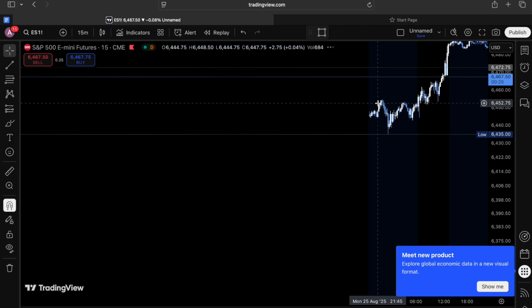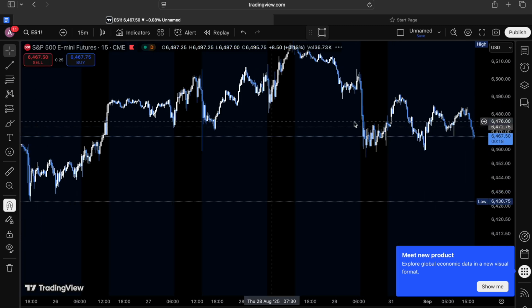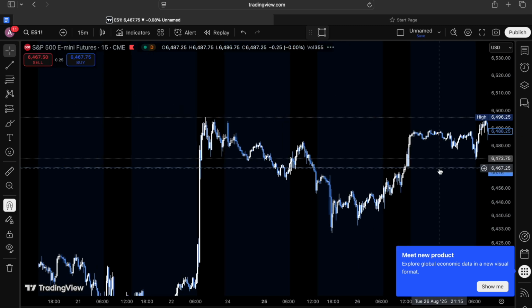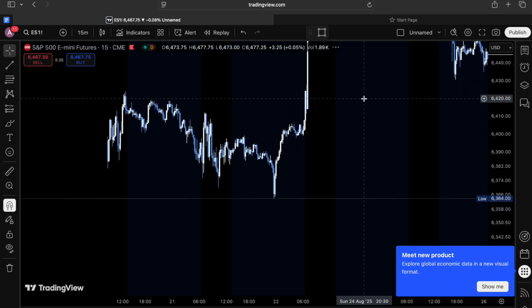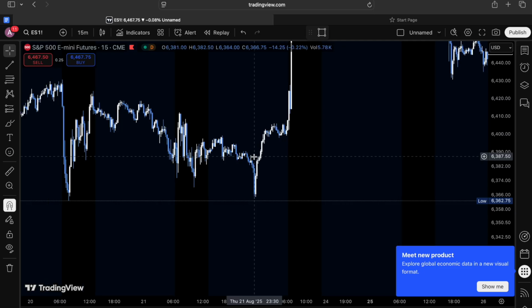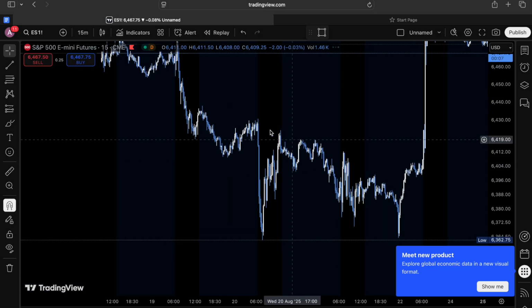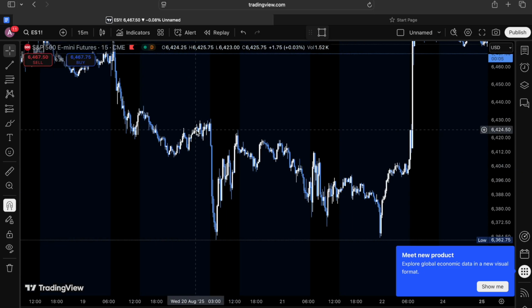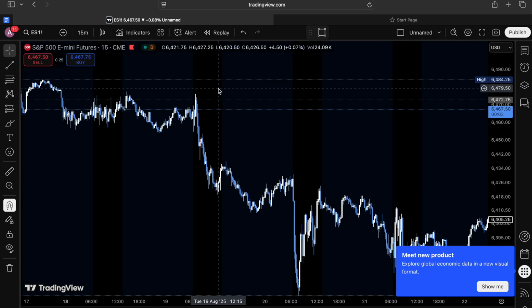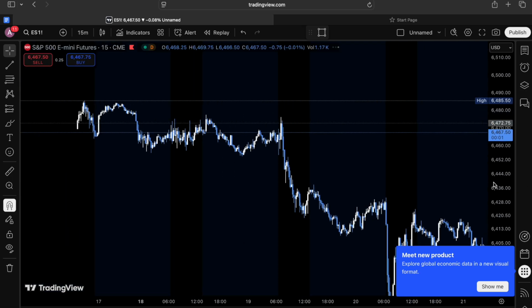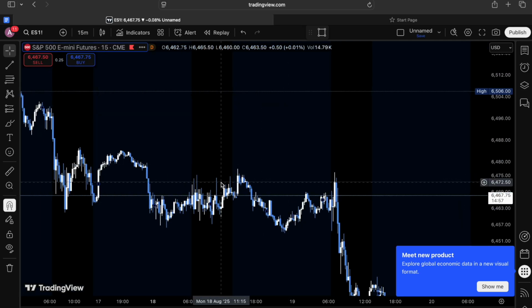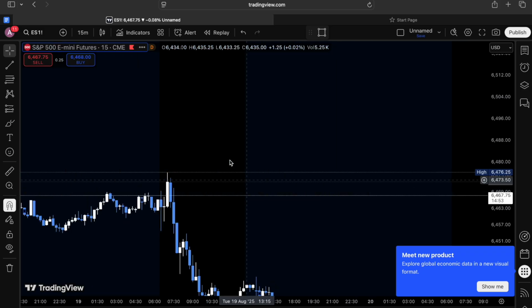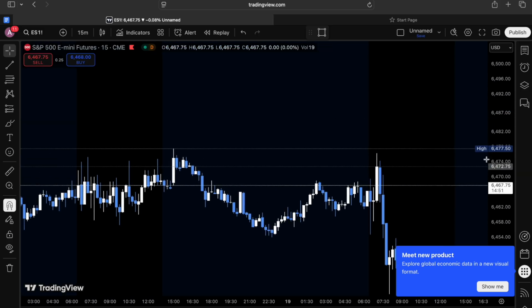Let's go somewhere random. And yeah, guys, once we start scaling down to lower time frames, that's where you've got to be more observant on this. Cool. Let me make that a little bit bigger.